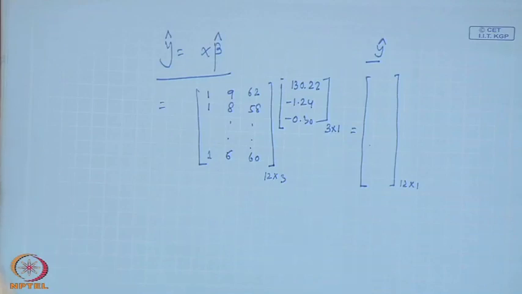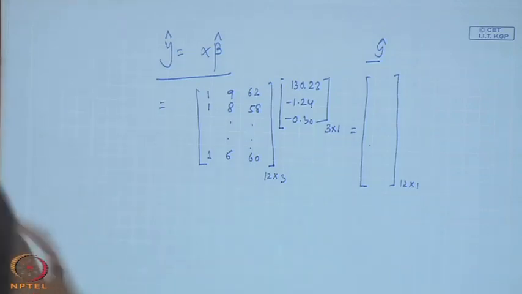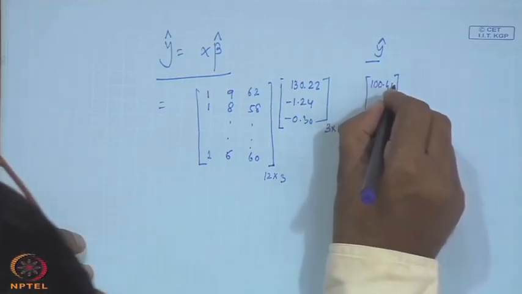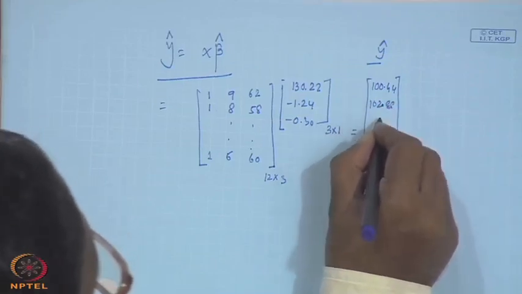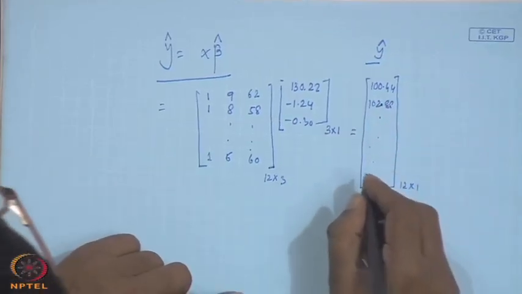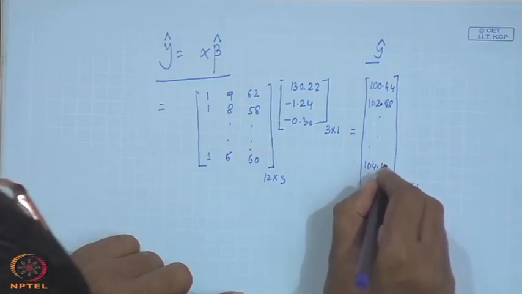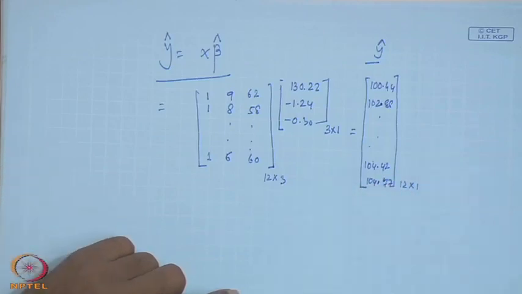You see, the fitted values are 100.44, 102.88, and so on, until at the end 104.42, 104.77.